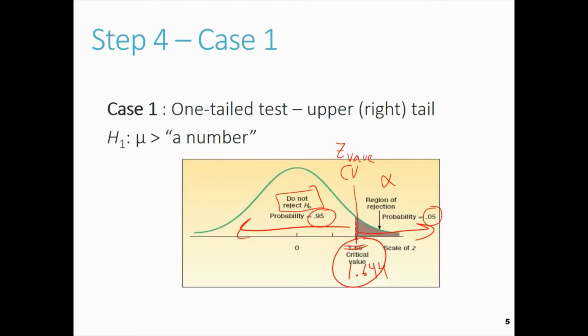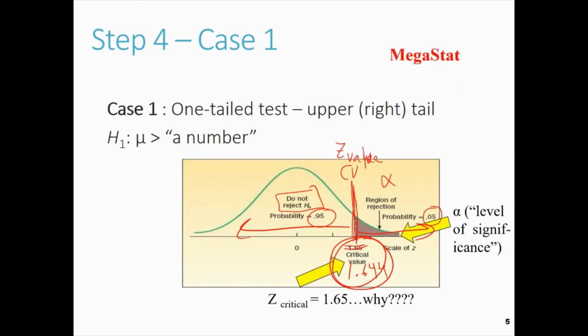In this particular slide, it was rounded up to 1.65. Either way, whether you use 1.64 or 1.65, that is your critical value that separates the reject zone from the do not reject zone. The word here is value, by the way. I'm seeing that it's misspelled.